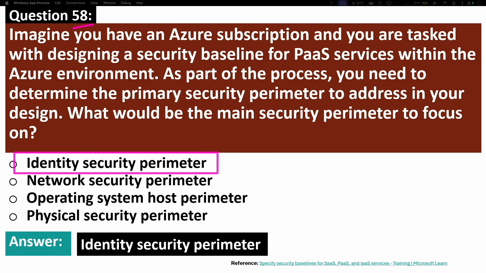What is the importance of the identity security perimeter? It is essential because it assumes that attackers may have already breached the network. So instead of only protecting the boundary of an organization's network, it focuses on securing the identities within the network. This approach is vital to give you strong authentication, authorization control, and continuous monitoring.